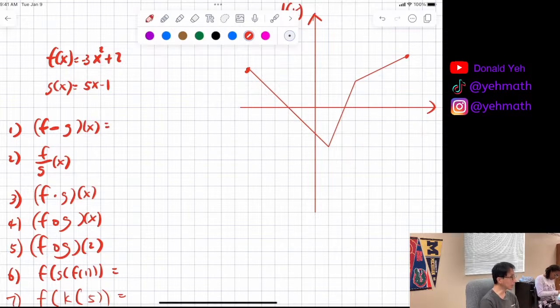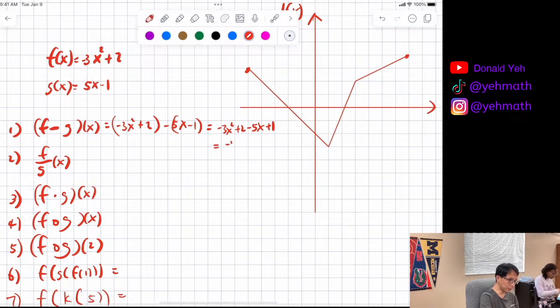I'm gonna start working on top. F minus g, they're fairly easy. They are very self-explanatory. It's a minus, but you gotta distribute a negative sign. Most people don't distribute a negative sign. I don't like to work sideways, but in this case, I'm gonna do that. Negative 3x squared plus 2 minus 5x plus 1 rather than negative 1.